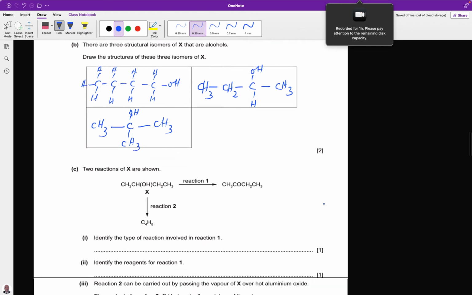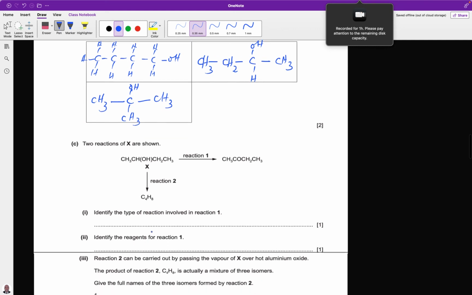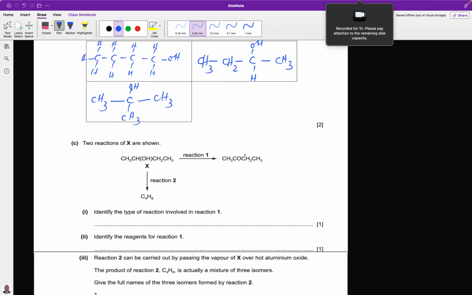Now, 2 reactions of X are shown. Reaction 1 gives a ketone, and reaction 2 gives an alkene. This is oxidation to a ketone, and there's dehydration here to give an alkene.